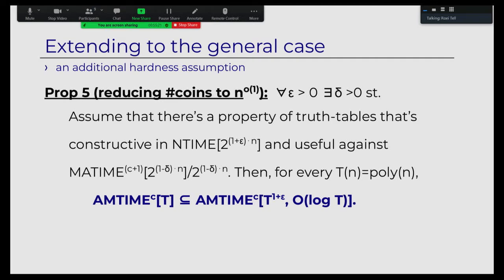There's a property of truth tables that you can recognize in time slightly larger than 2 to the n, and is hard for MA protocols, forget about AM protocols with C+1 rounds that have near maximal advice and time complexity 2 to the 0.99. So this is the type of assumption that you saw before. Morally, it's weaker than the assumption that's needed to de-randomize the special case with few random coins, and it allows us to handle the general case.